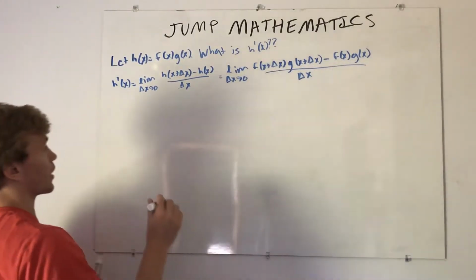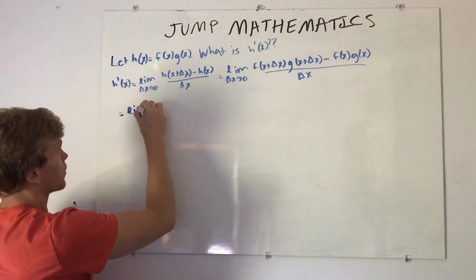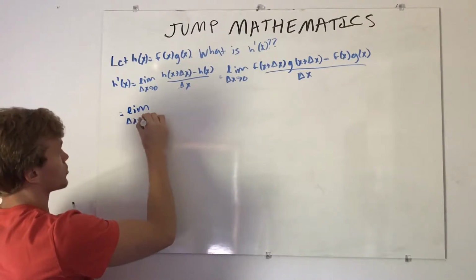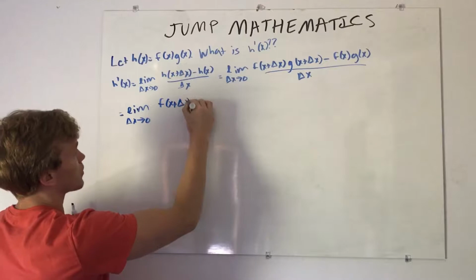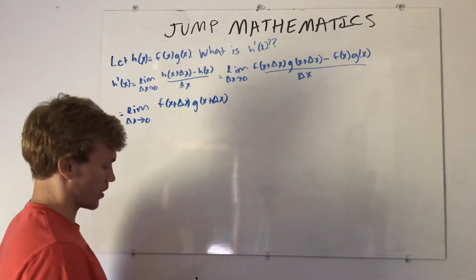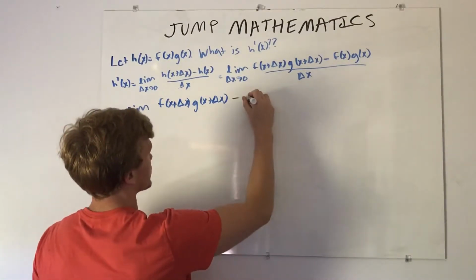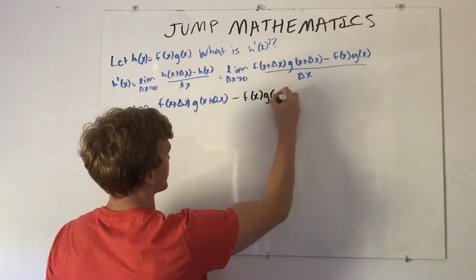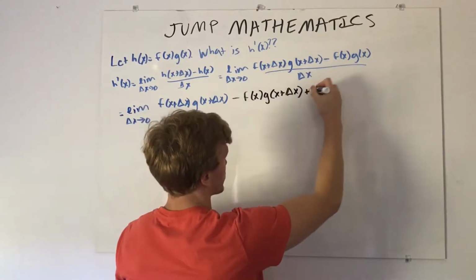So now I'm going to pull a really clever little trick here. This is equal to the limit as delta x goes to 0, f of x plus delta x, g of x plus delta x. Haven't changed anything yet. First, I'm going to subtract f of x times g of x plus delta x. Then, since I subtracted, I'm going to add it back in.